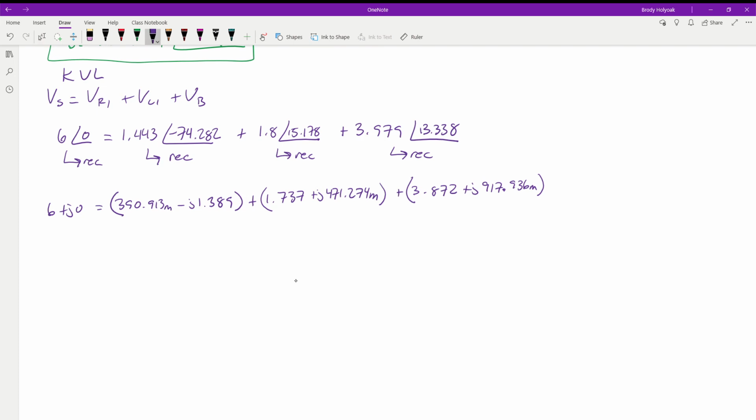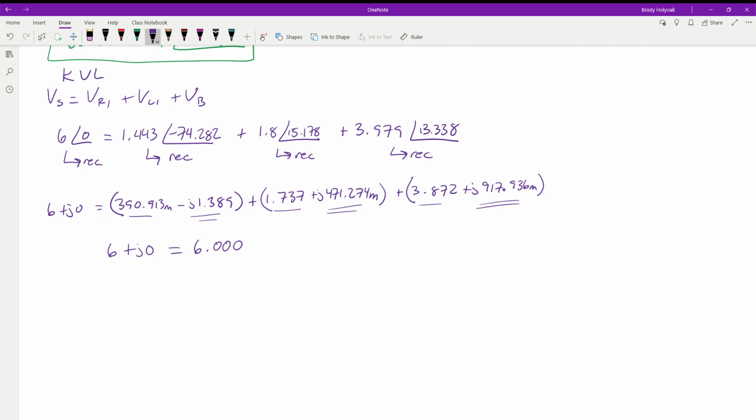So now again, we're going to add all the like terms together. All the imaginary terms are going to be added or subtracted together depending on what they are, as well as all the real values being combined together. When we do that, we end up with a total of 6 plus j of 0 is equal to 6.000, and the reason I'm putting those is because that's what my calculator spit out.